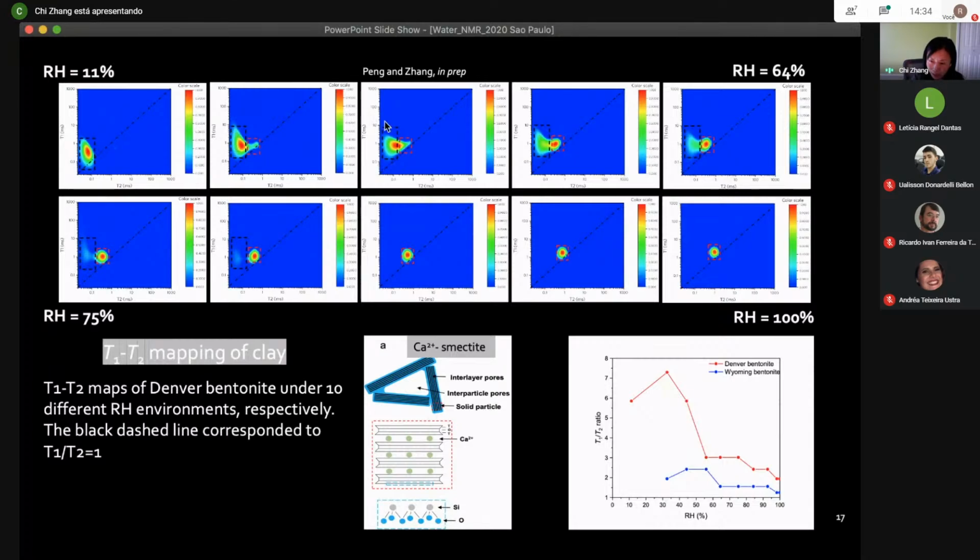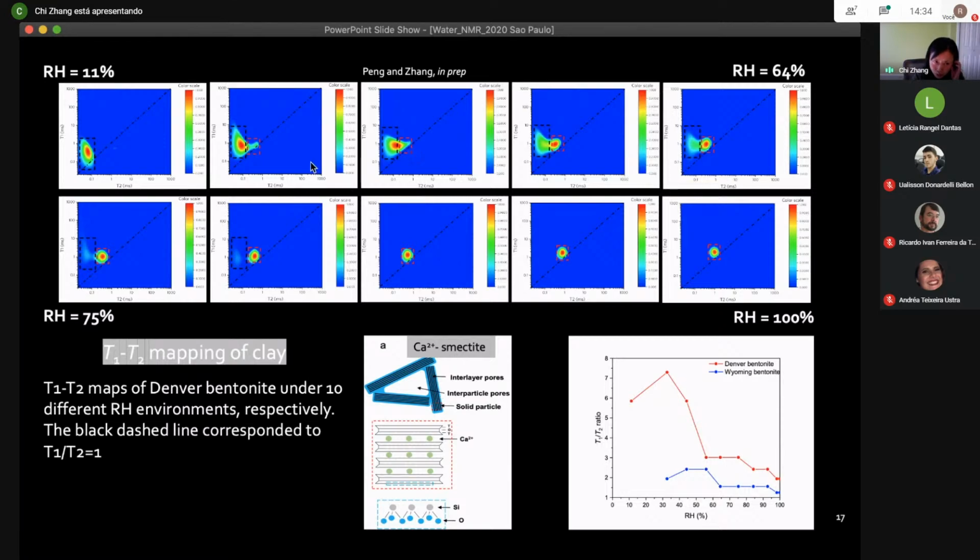All the black dashed rectangles here correspond to what we argue is the hydrogen bonded water. You can call those the interlayer pores, where the water is tightly bonded as a hydration layer in the clay sediments.